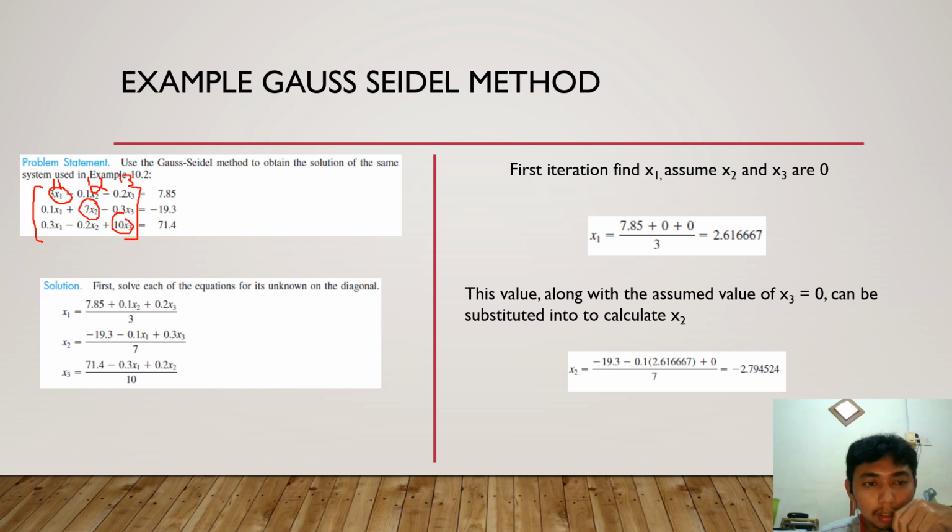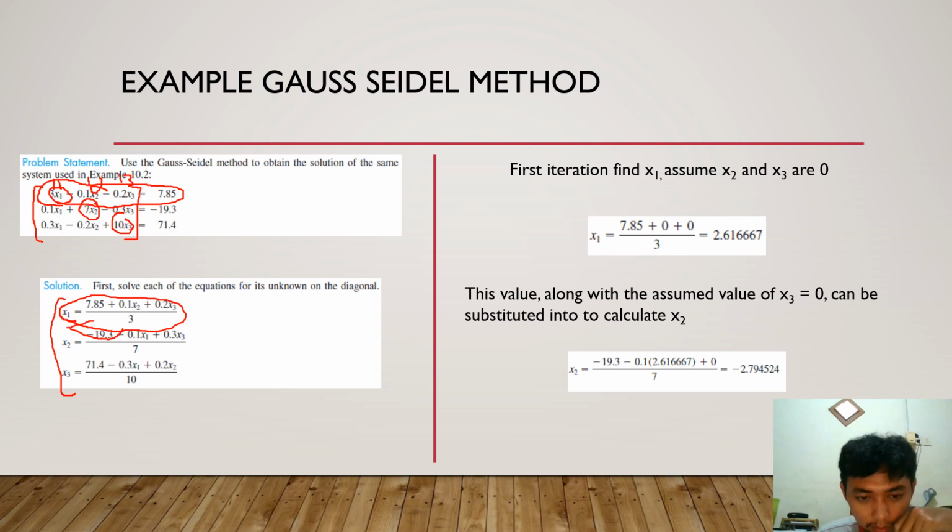And we manipulate the equations to obtain these three. This is actually the first row. We take out the x1.